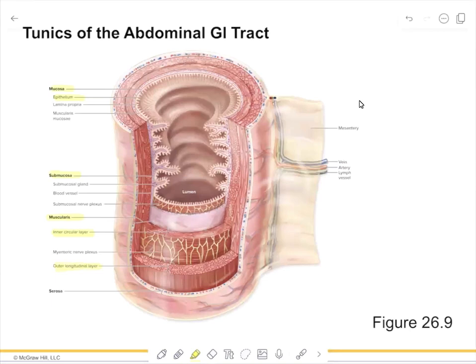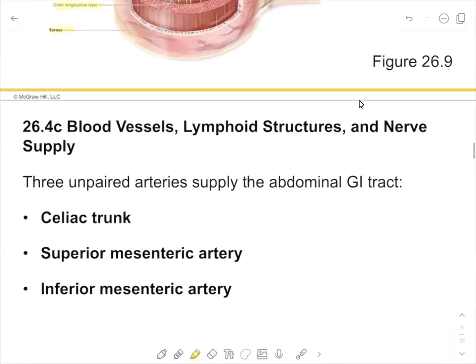There's also going to be a nerve plexus called the myenteric nerve plexus, which is located within the muscularis layer. And then finally, the serosa, because this is showing the abdominal GI tract specifically. If it was the thoracic GI tract, like the esophagus, we would have the adventitia instead of the serosa.